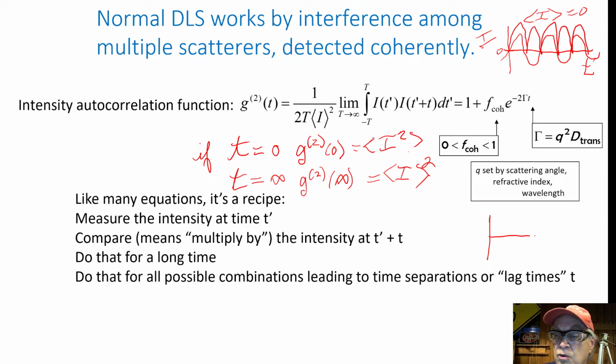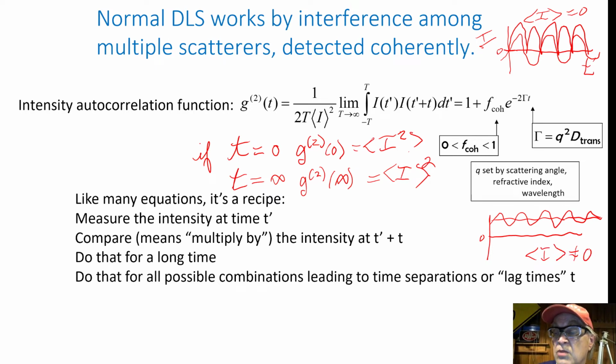And if I were to lift this and put on some sort of DC bias here. So here's 0, and I do my current here, and I do this. So now I have some sort of situation where the average current is not 0.